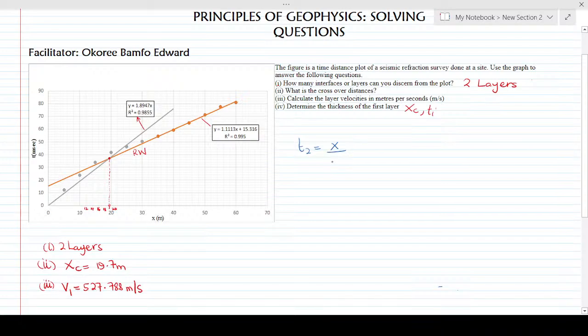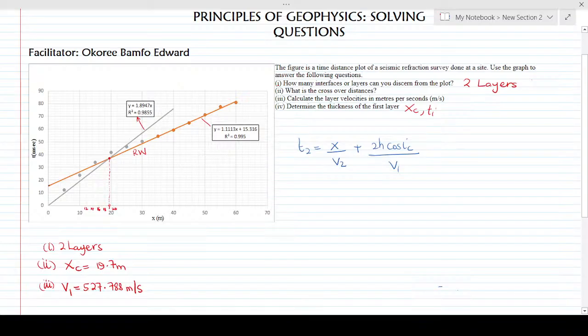because we know that T2 is going to be x over V2 plus 2h cos IC over V1, right? And so the one that is going to have an intercept is the one as a result of the refracted wave.